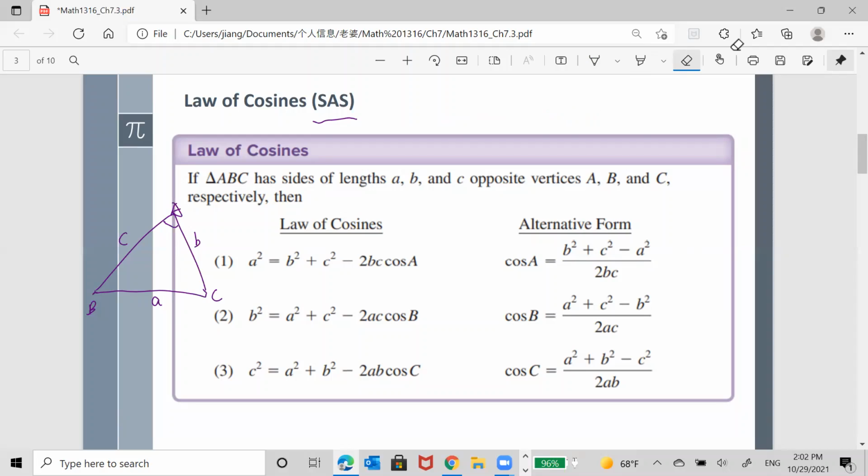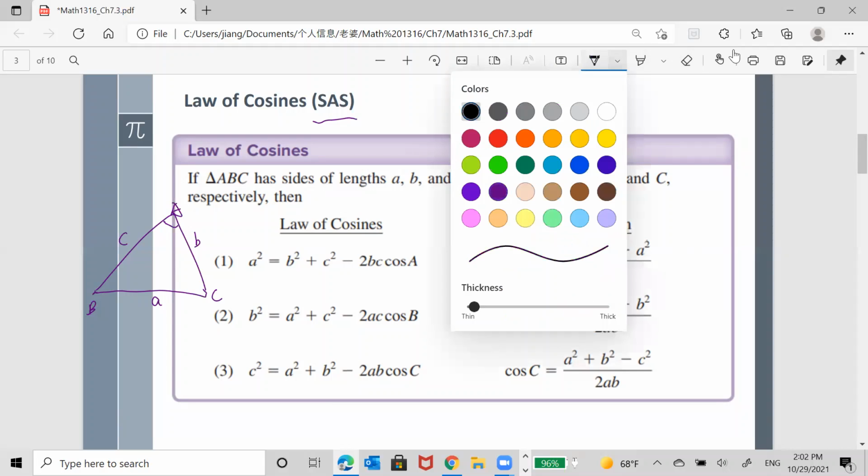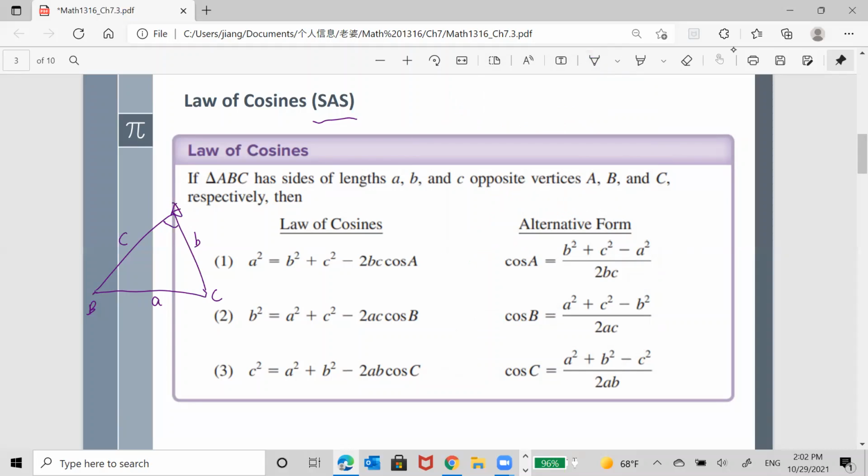If we know SAS, the side, angle, and side, we can find the side opposite the angle.